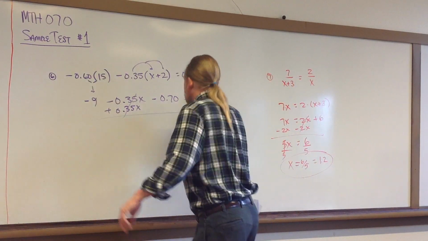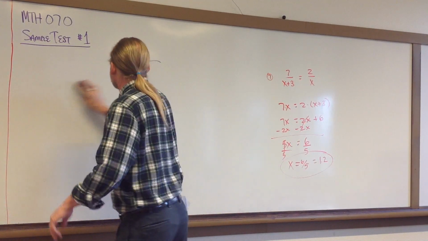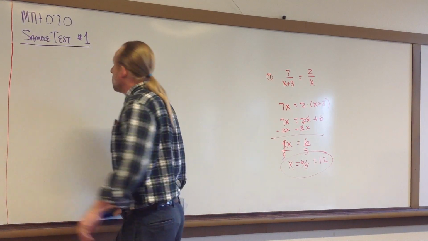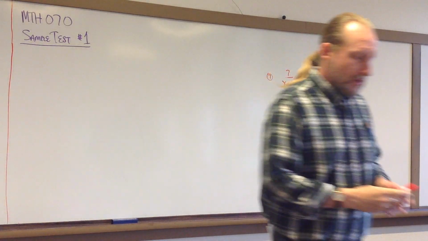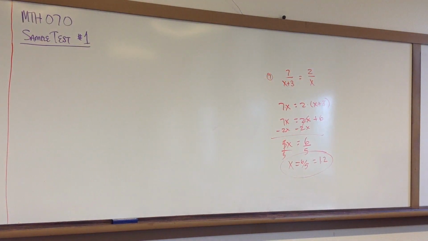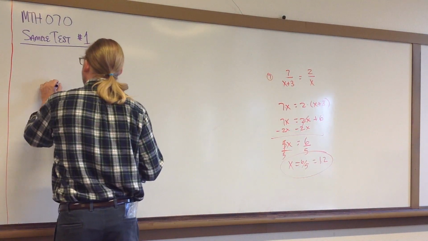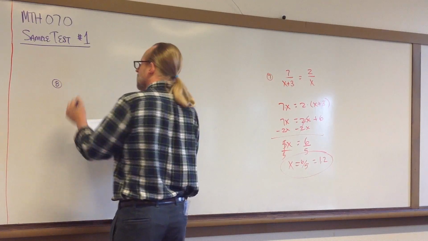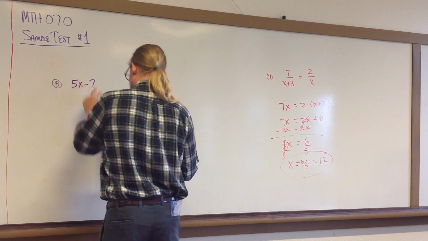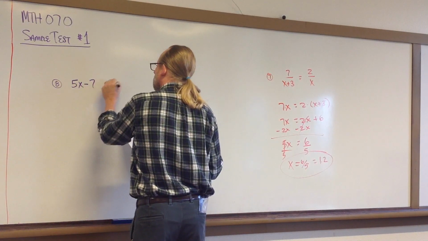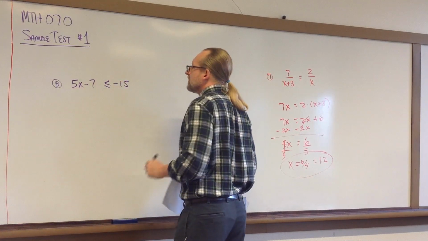All right. Let's see. Oh, now we've got some inequalities, which work very much like the equations do. All right, problem 8. 5x minus 7 less than or equal to negative 15.